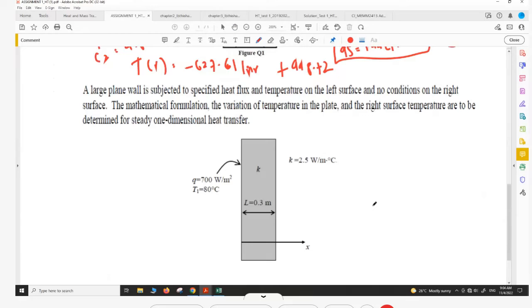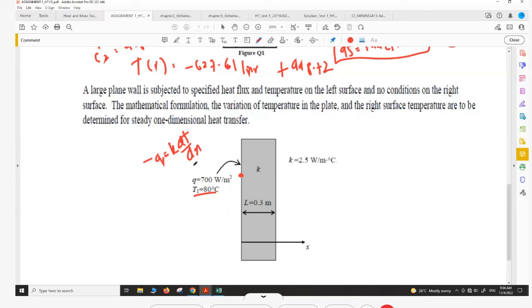Okay, for this one, it's quite straightforward. So you have two boundary conditions on the left. So this is a bit tricky. You have a fixed temperature and you have a heat flux, k dT/dx.